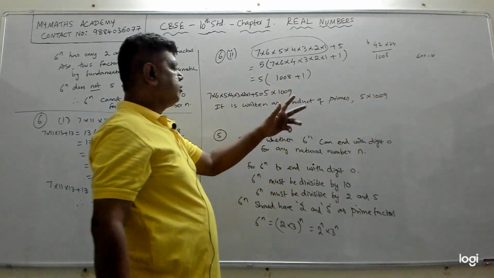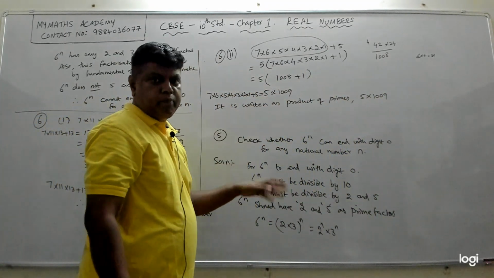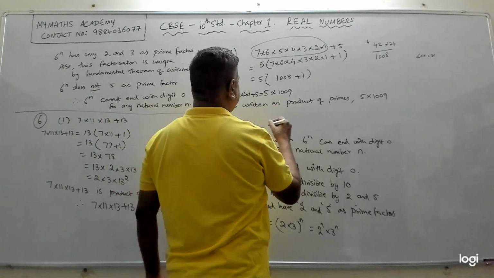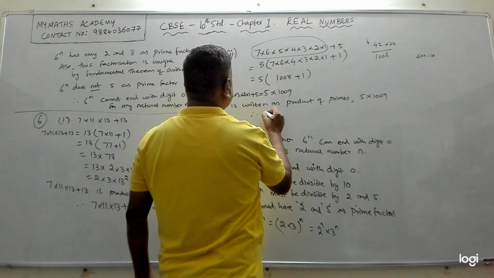Both are prime. I think 1009 is also prime. So therefore it is written as a product of primes.